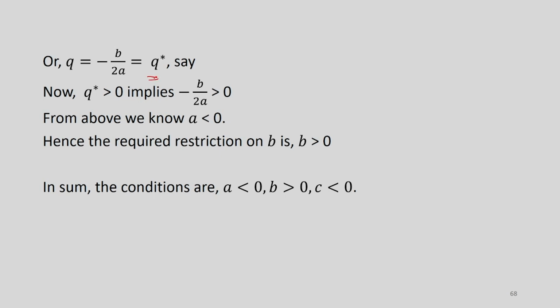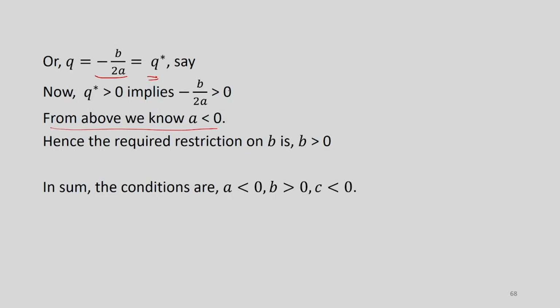us suppose. Now, q star should be greater than 0, that is what the third part is demanding. Now, q star greater than 0 means minus b by twice a is greater than 0, but we already know that small a is less than 0 from the second part, right.